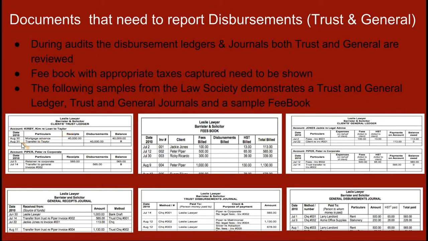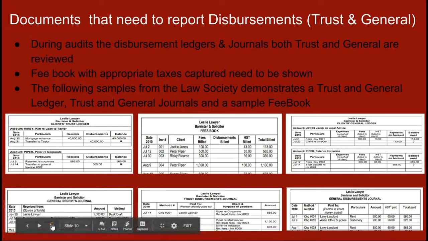So if you look at a trust ledger, you're pretty much capturing the date, which is very important, what the receipt was, what it was for, the balance as of that date, and then a reason for the disbursement and the balance as per the latest date. So we'll look at this example in further detail as we use certain examples, generate ledgers and showcase that to you. Okay?